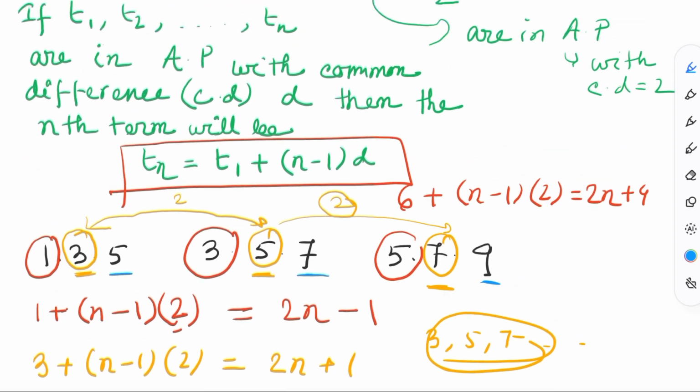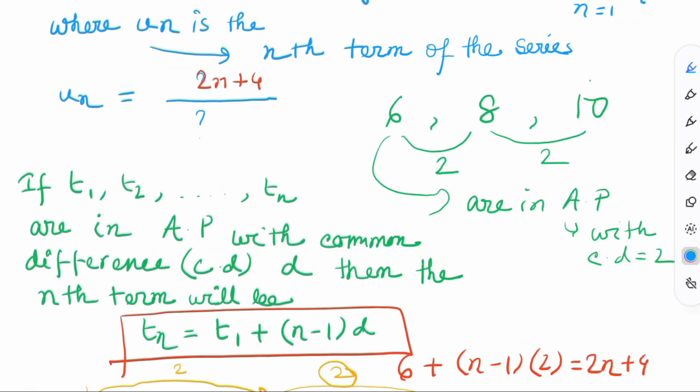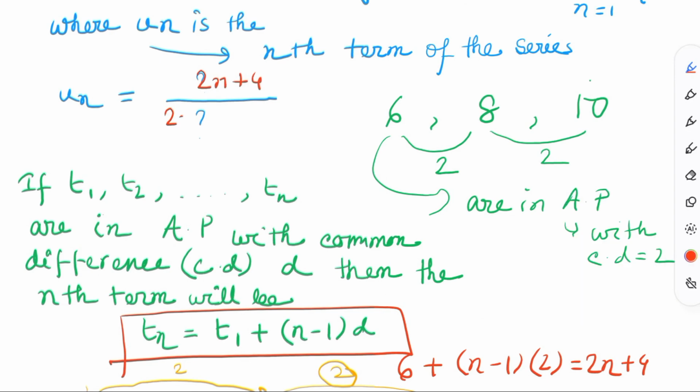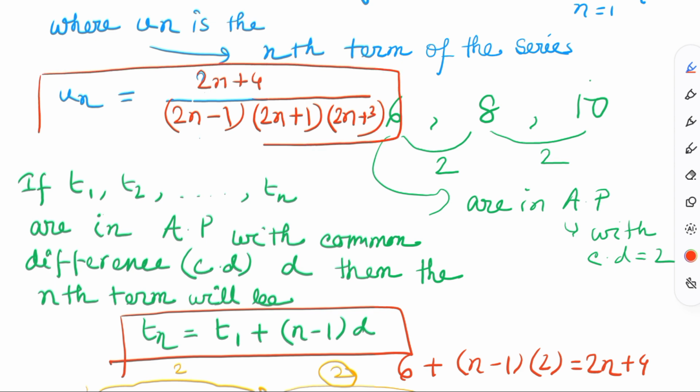Therefore, the denominator of the nth term un will be 2n minus 1 into 2n plus 1 into 2n plus 3. So this will be the nth term of our given series.